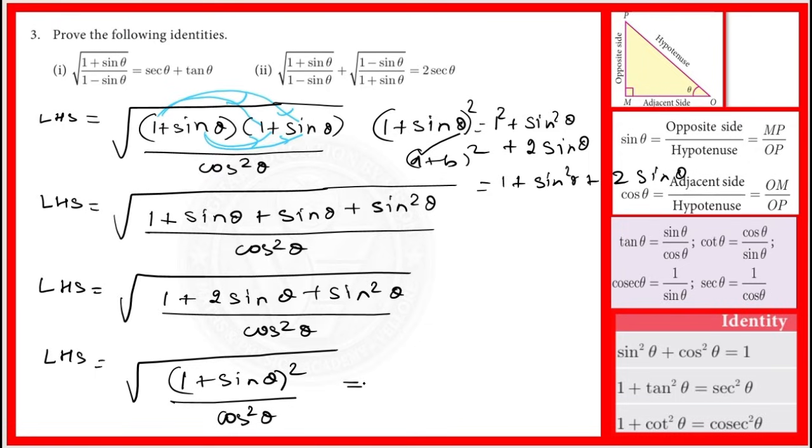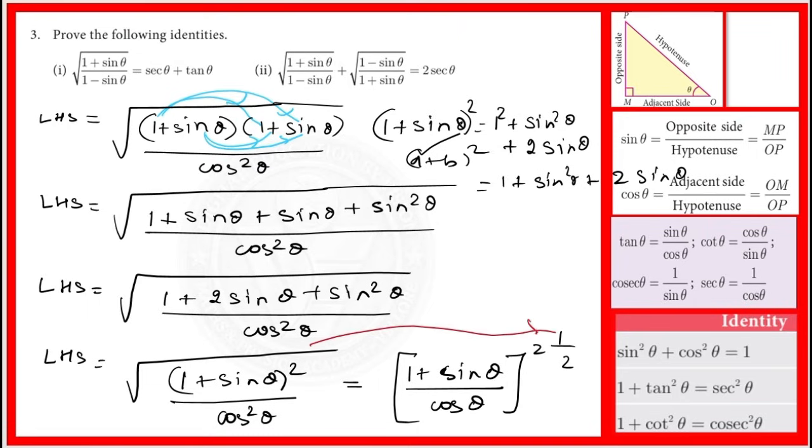Which is going to be, remove that root, (1 plus sin theta) divided by cos theta, whole squared, into 1 by 2. This root is converted to the power 1 by 2. So now these 2's are cancelled. Finally, we got (1 plus sin theta) divided by cos theta.